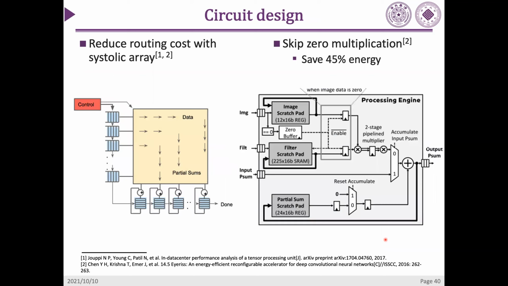And there are a lot of circuit level design technologies, such as how to reduce the routing cost with the systolic array. This systolic array can be used to reduce the routing cost, and also this multiplication processing engine can skip the zero multiplication and save 45% of the energy.